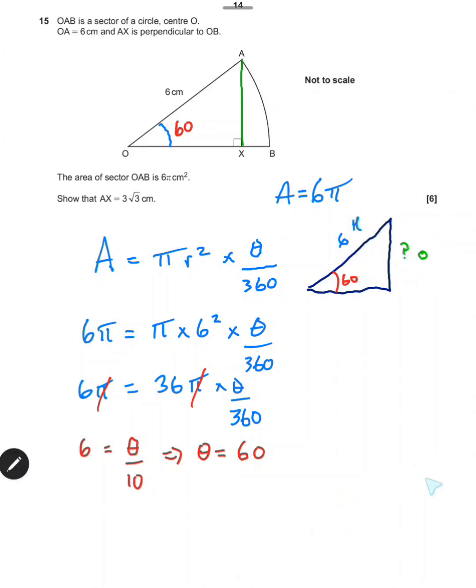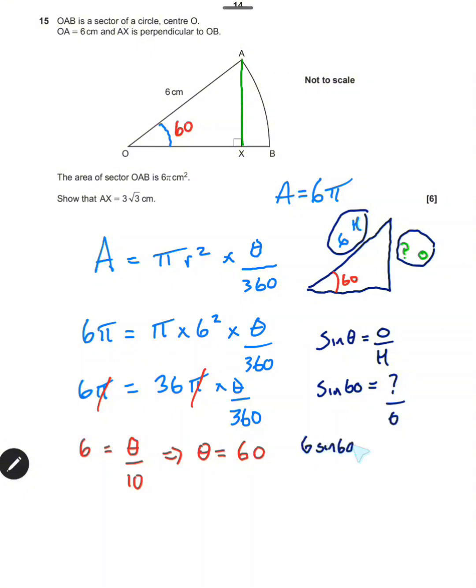This is an opposite hypotenuse question. So if you were to write out SOH CAH TOA, you'd get sine theta equals opposite over hypotenuse. I'll not write them all out, but SOH is the opposite hypotenuse version. So we can use sine to say sine 60 equals question mark over 6. One step rearrangement, times both sides by 6, you get 6 sine 60 equals question mark.